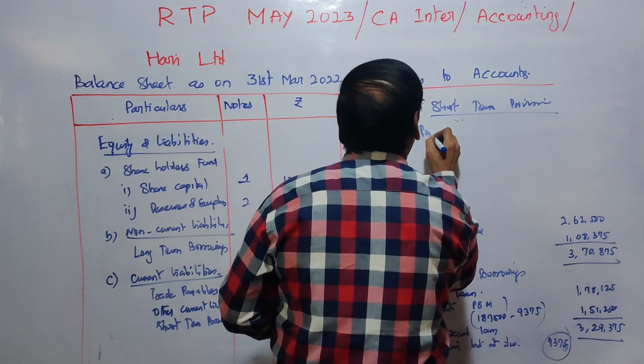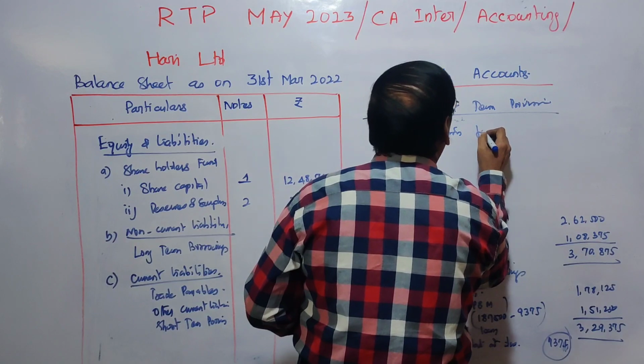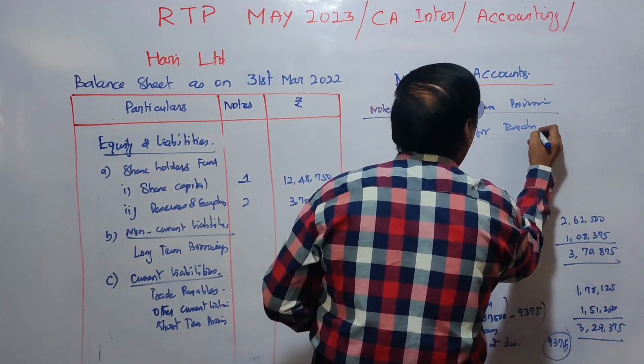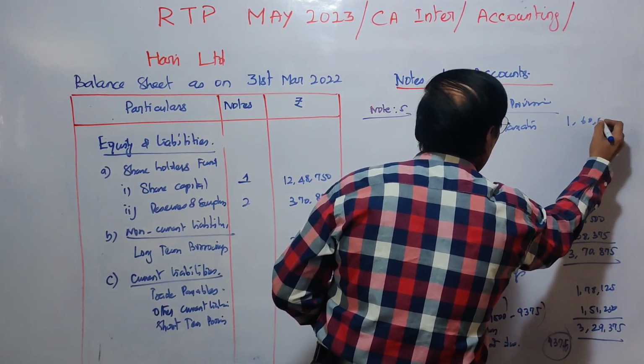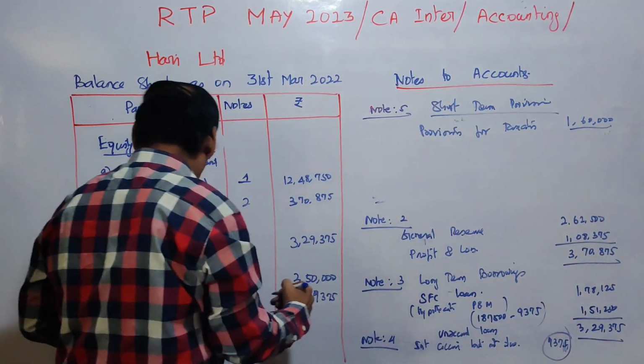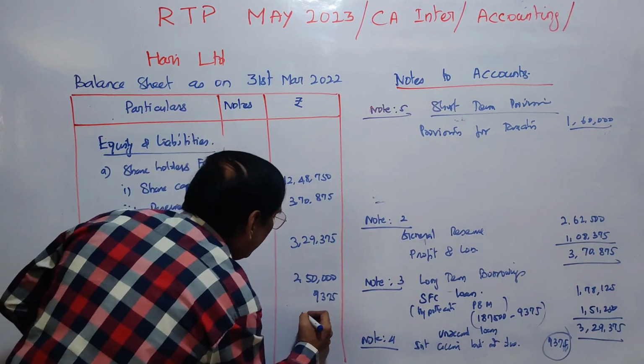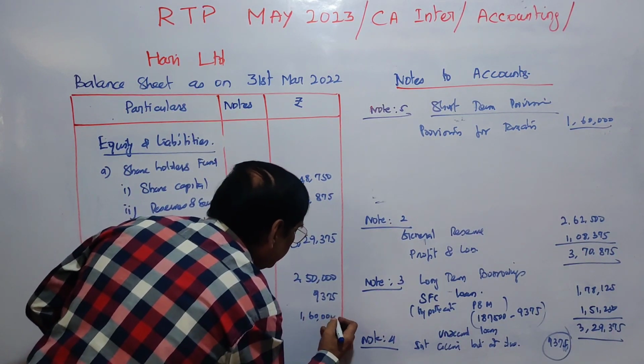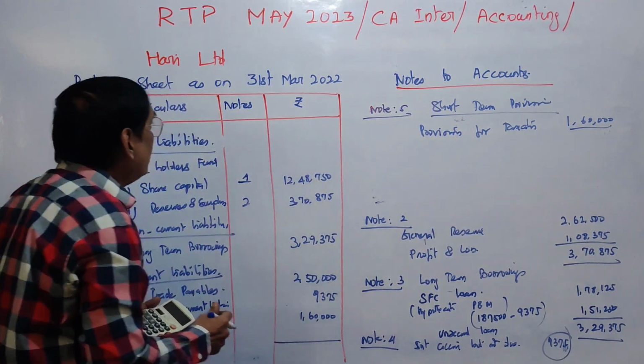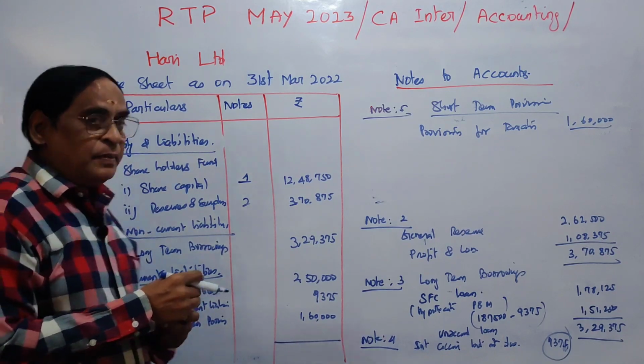Provision for taxation, how much? 1,60,000 rupees. It has to come here. So these are the items coming on the liabilities side.